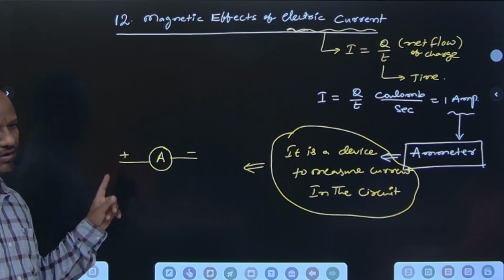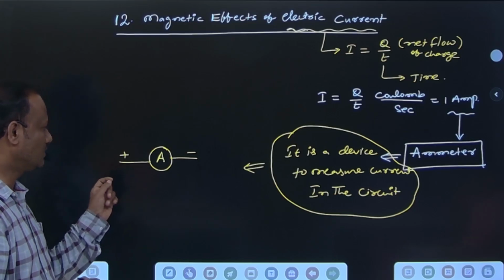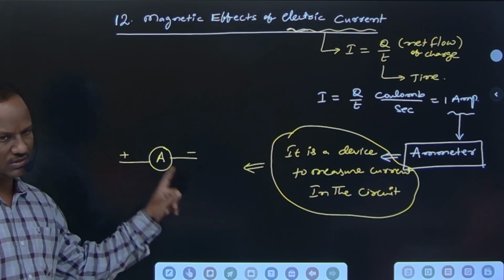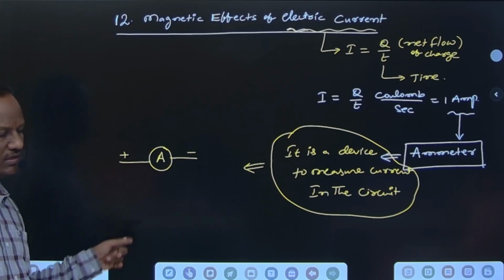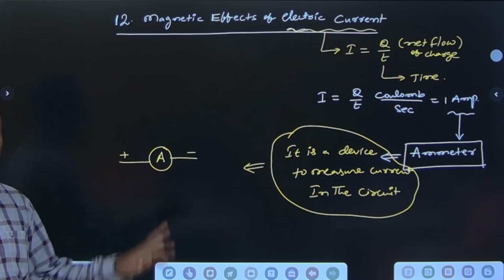Individually it doesn't have any positive or negative. If it is connected to the positive terminal, it will act as positive, and the other one as negative.